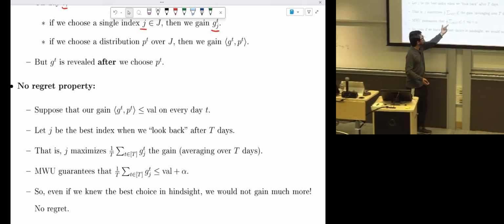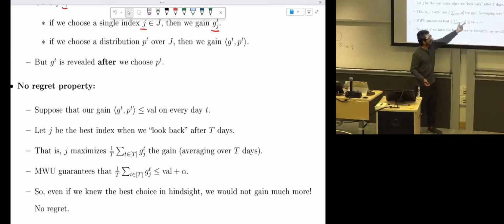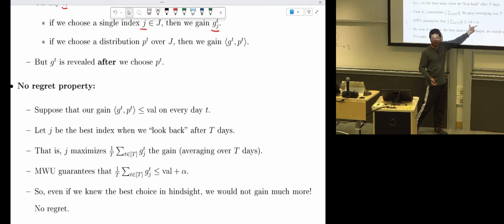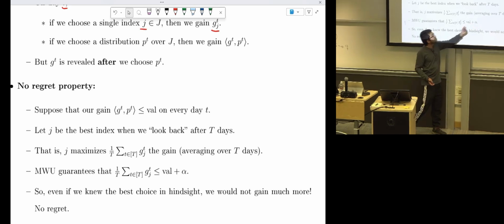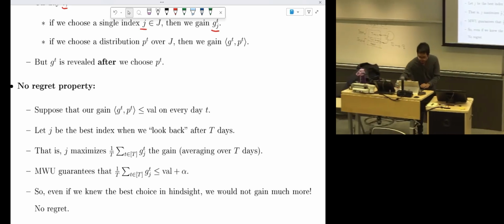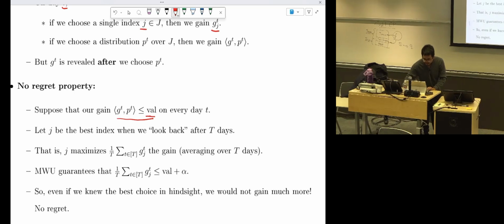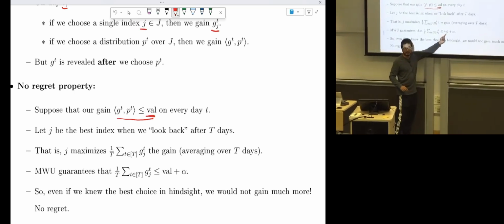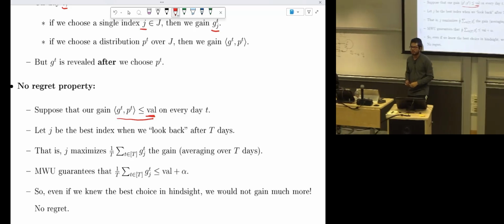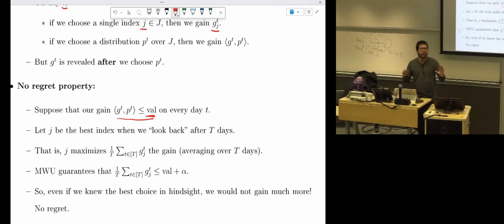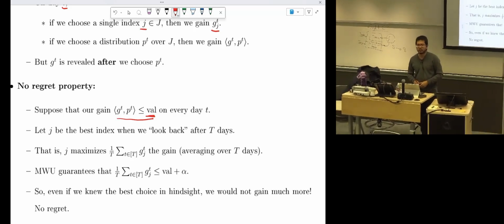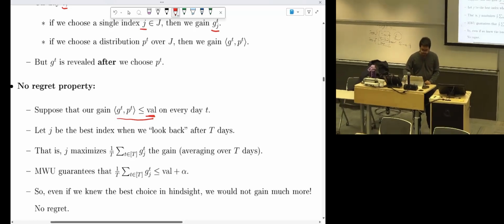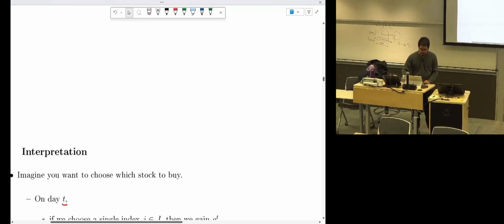Because the gain per day, we gain at most val, but even the best stock gains at most val plus alpha. So basically no regret in this sense. Okay, so let me go back.